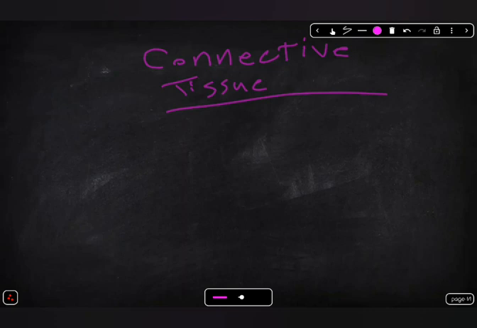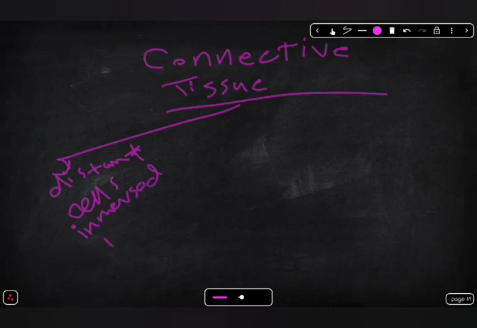Firstly, I want to know the structure of the connective tissue. Connective tissue made of distant cells immersed in intercellular substance.